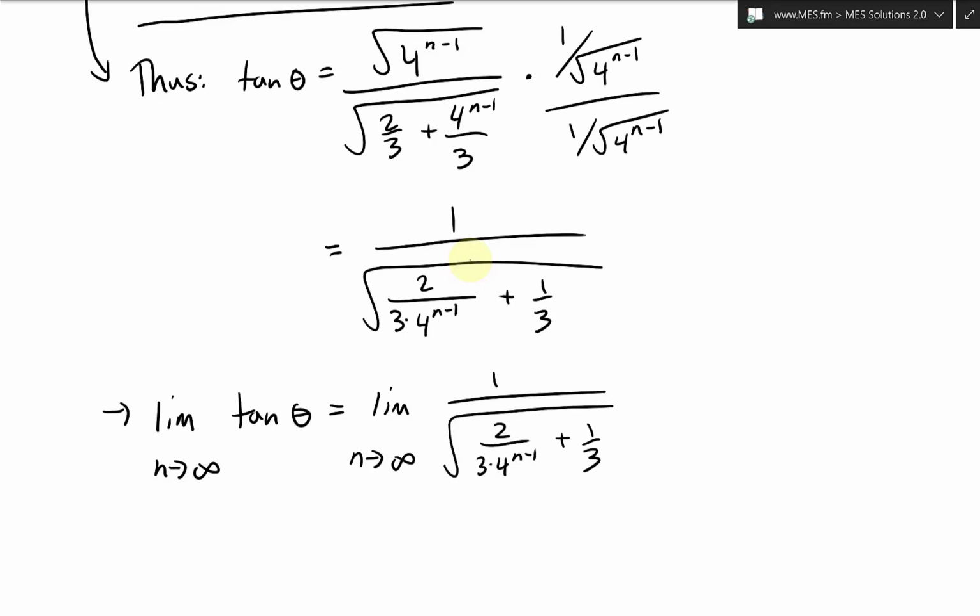And notice this part right here, as it goes to infinity, this is 2 over 3 times 1 over 4 to the infinity. So in other words, we're going to have a 1 over infinity, which goes to 0. So this equals 1 over square root of 0 plus 1 over 3.